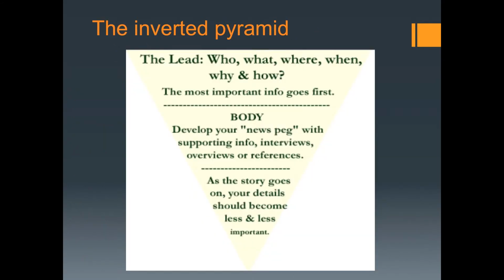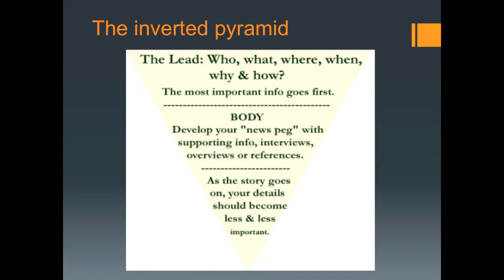Okay, now the inverted pyramid story structure then, very simply, moves from the information that is most important to the information that is least important. And so in your lead, which is going to be the very first sentence, sometimes two, but generally the very first sentence of your story, is going to be the who, what, where, when, why, and how. We call this a summary lead. It summarizes as much of the 5 W's and an H as possible into that first sentence.